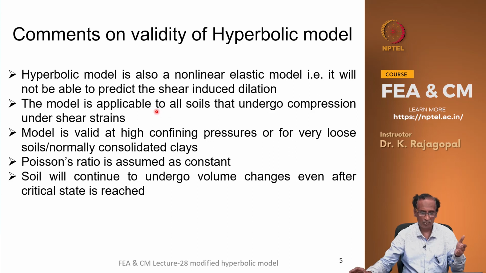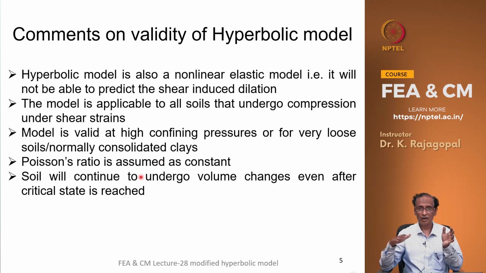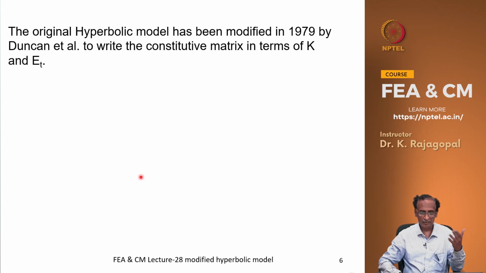This model is applicable to all the soils that undergo volumetric compression during the loading, and then the Poisson's ratio is assumed constant. So, the soil continues to undergo volumetric compression even during the critical state. So, we need to modify this.